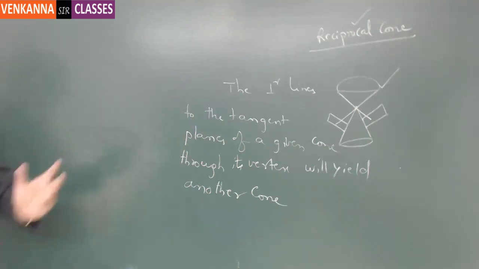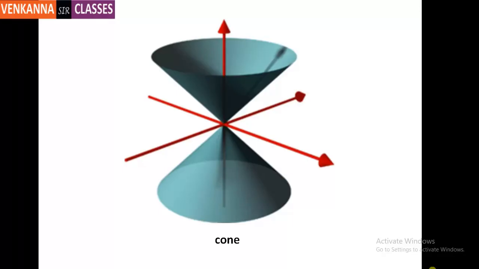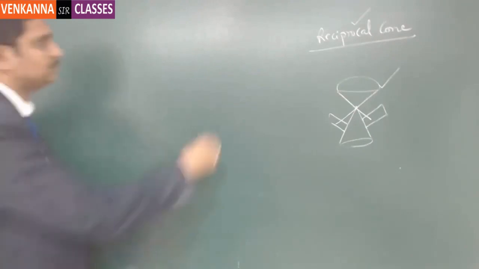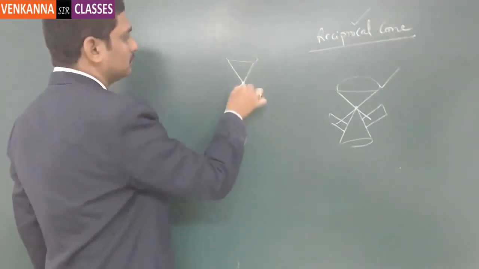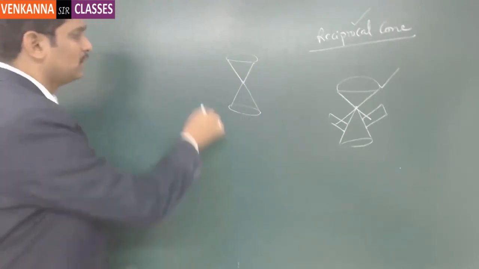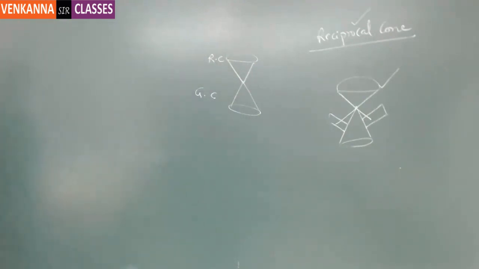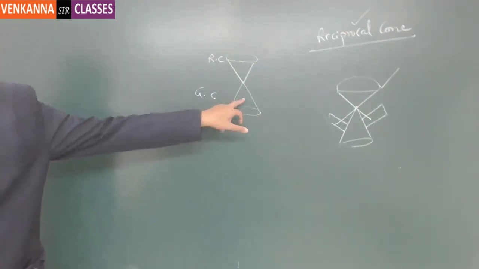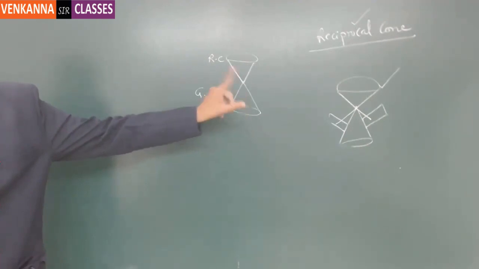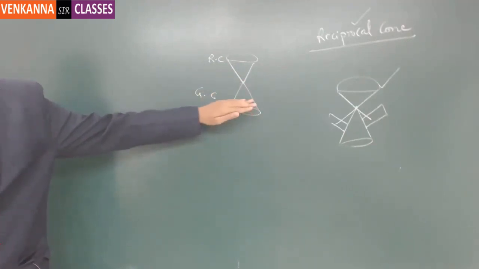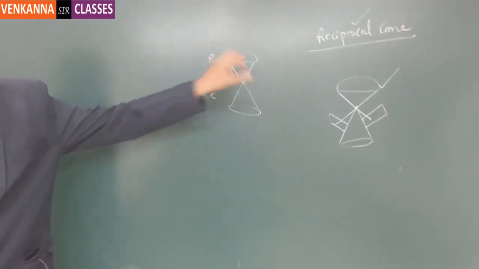Can you see the picture? If you observe the similarities between these two, this is our given cone and this is the reciprocal cone. For every tangent plane of the given cone, you can find one respective generator of the reciprocal cone.